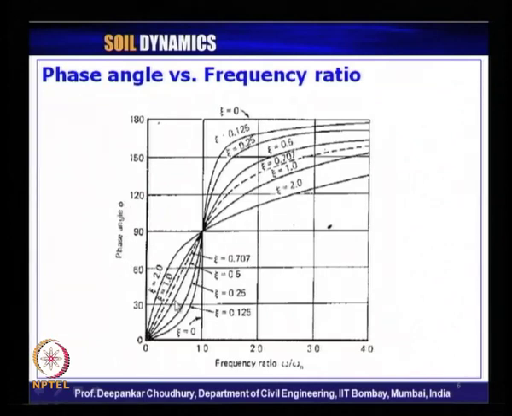How the phase angle varies with respect to frequency ratio, that also we have seen. At frequency ratio 0, the phase angle is 0, and when frequency ratio tends to infinity, the phase angle approaches 180 degrees. And when frequency ratio is 1, at that point the phase angle is 90 degrees, and it varies accordingly with the damping ratio of the system.